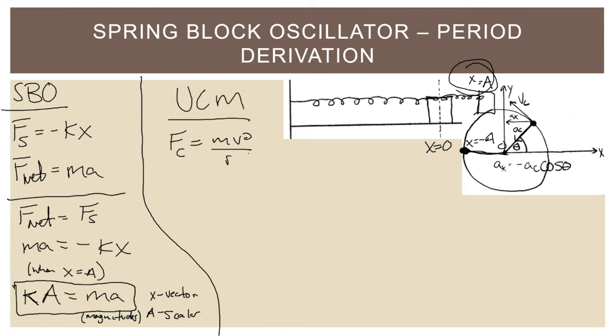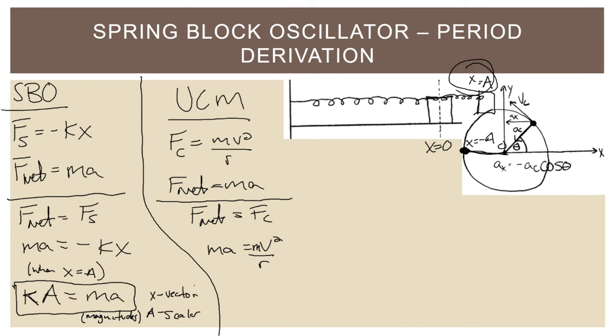Centripetal force equals mv squared over r. And we can also say, well, F net does equal ma, after all. That's a fact, right? And so for the object moving in uniform circular motion in exactly the same way that here the net force was equal to the spring force, here the net force is equal to the centripetal force. Pretty good. And so we can say ma is equal to mv squared over r.